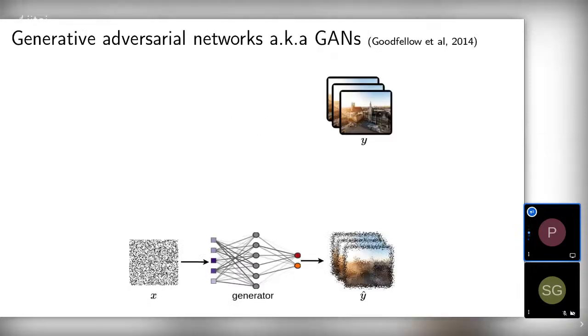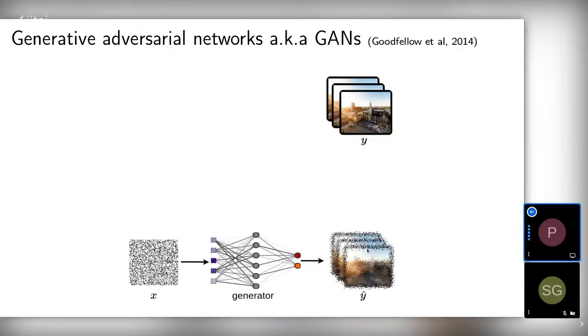How does it work? Well, you have one network known as the generator, which will take in some input and spit out some output. In this case, I've taken an example of images. At the beginning, when you haven't trained your network at all, these images are going to look really bad.